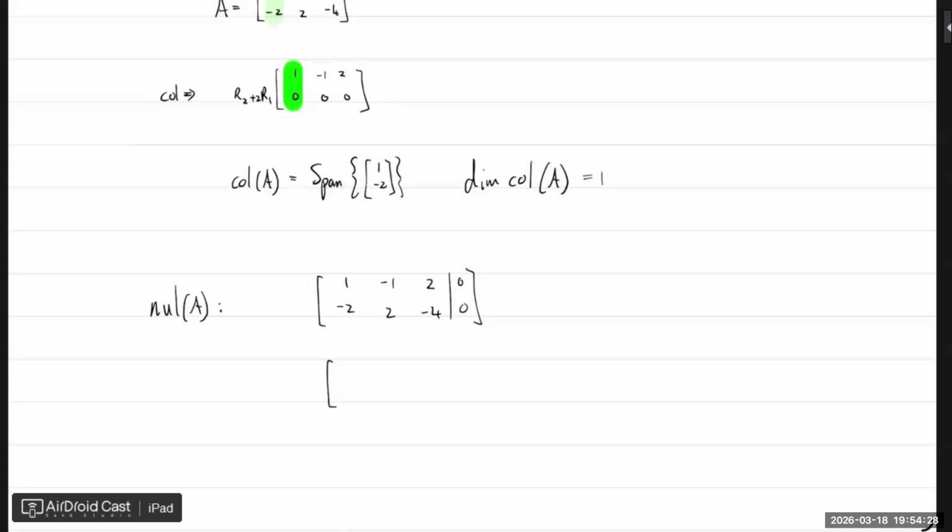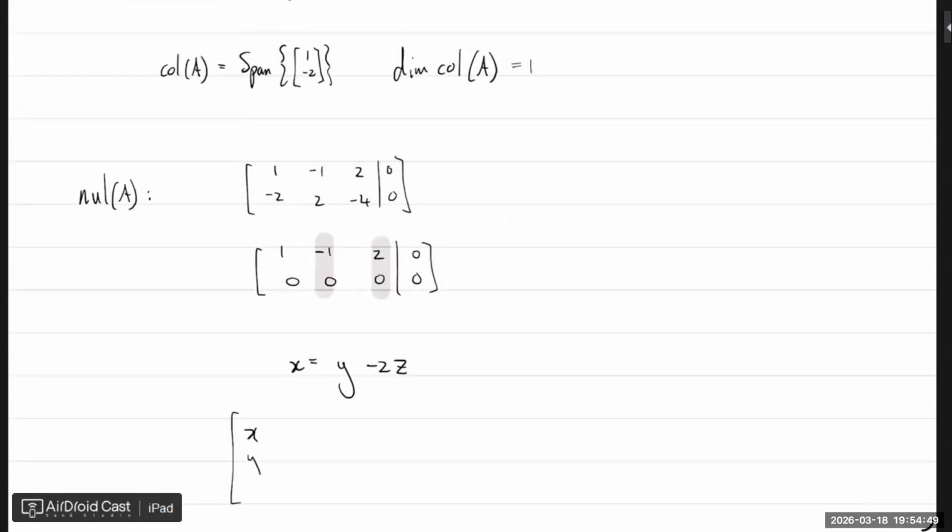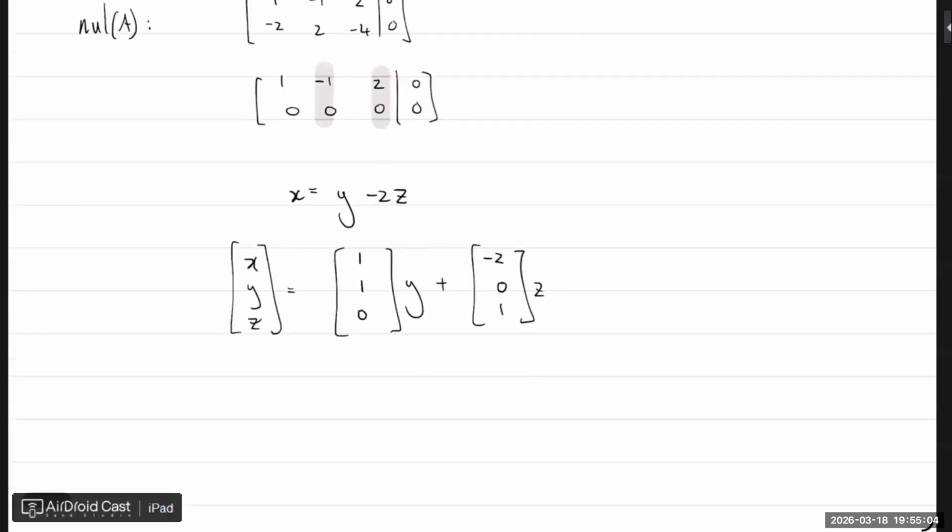So in the end, I already have that previous row reduction. So these two are free, as you can see. So my x is then just, let's say, y minus 2z. So finally, if I want to write it nicely, I say x is 1 times y minus 2 times z, y is just y, and z is just z.